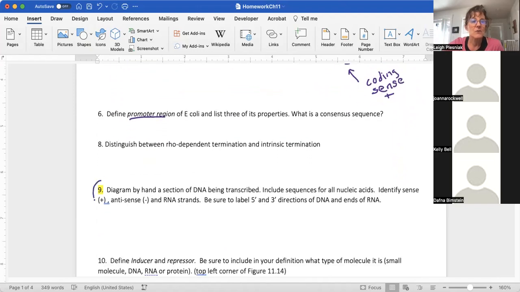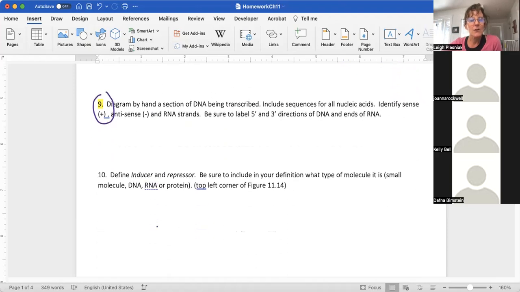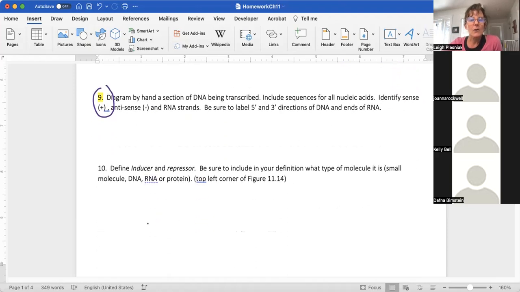So this question wants you to do a sequence of nucleotides, just to show if I have a duplex, what the sequence of the messenger RNA will be. Let me get into this.